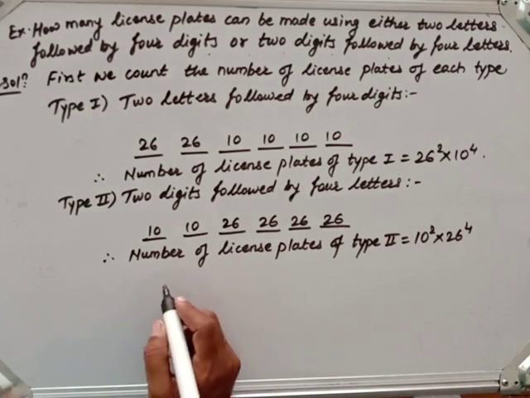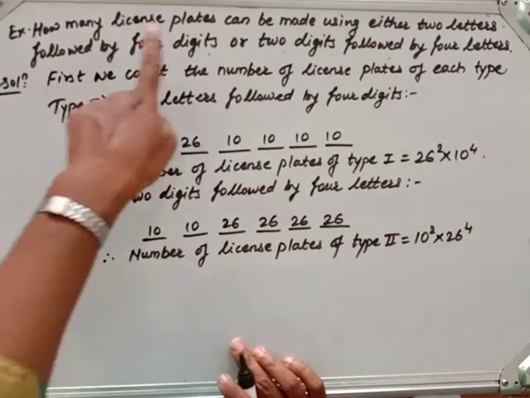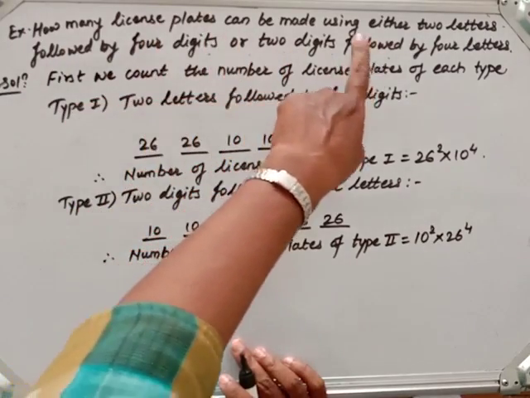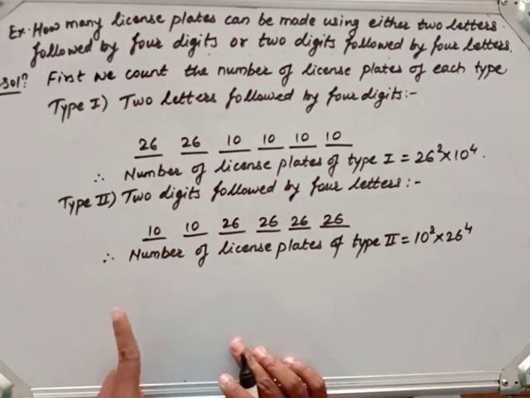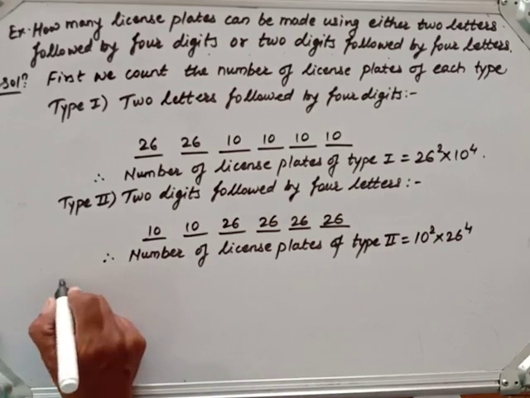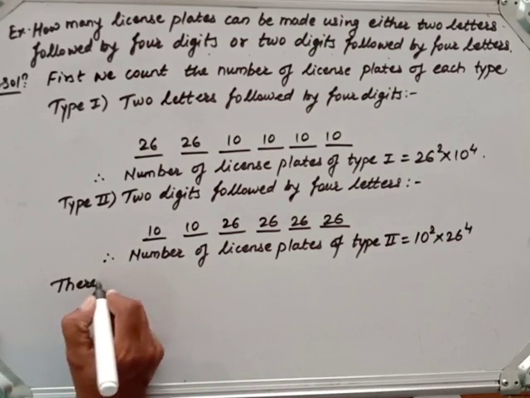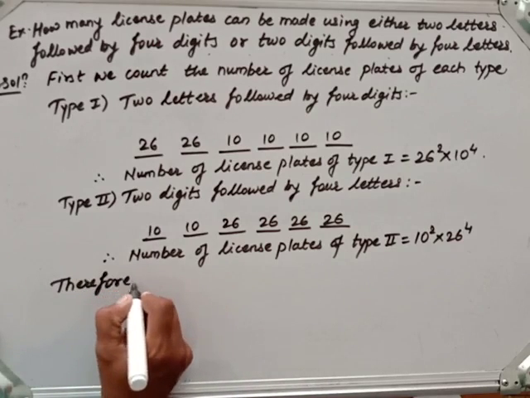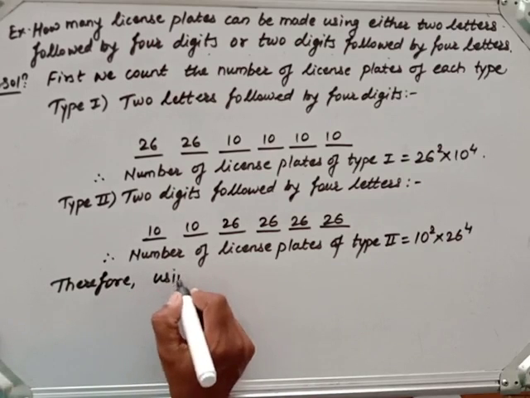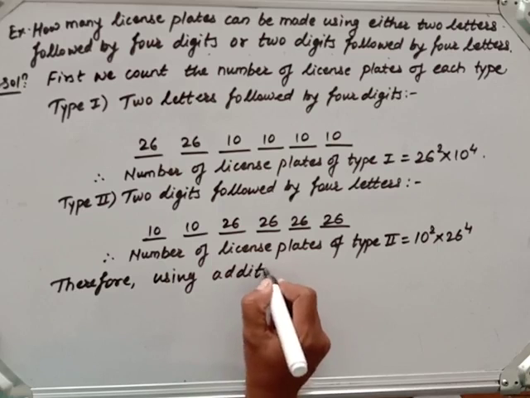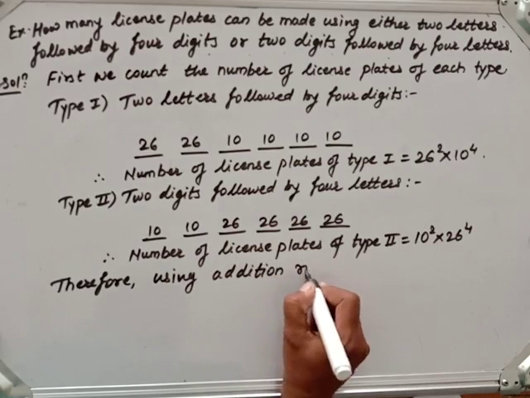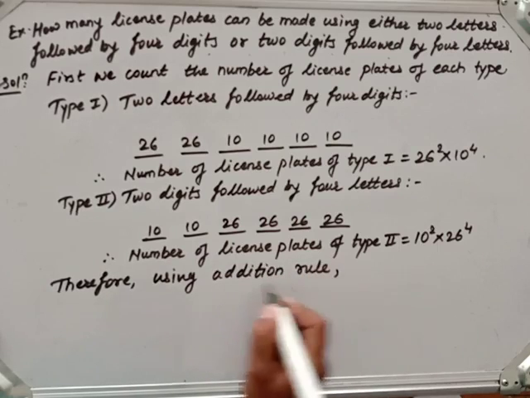Fine. Now they ask how many can be made of either the first type or the second type. The sense of "or" is here, so we should use the addition rule. Using the addition rule, what do we get?